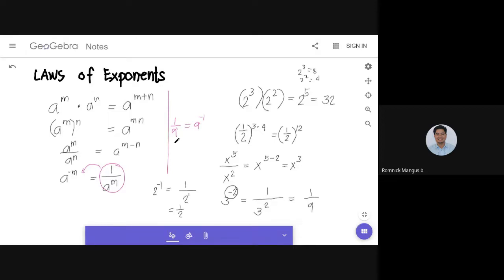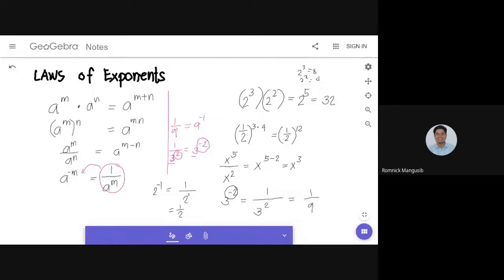Also, if 9 can be rewritten as 3 raised to 2, you can write it as 3 raised to 2. Therefore, you will have a base 3, and then from 2, turn that into negative 2. So 1 over 9 is also equal to 3 raised to negative 2. Because your exponent now is 2, your base is 3, so 3 is written here, and your exponent is negative 2.